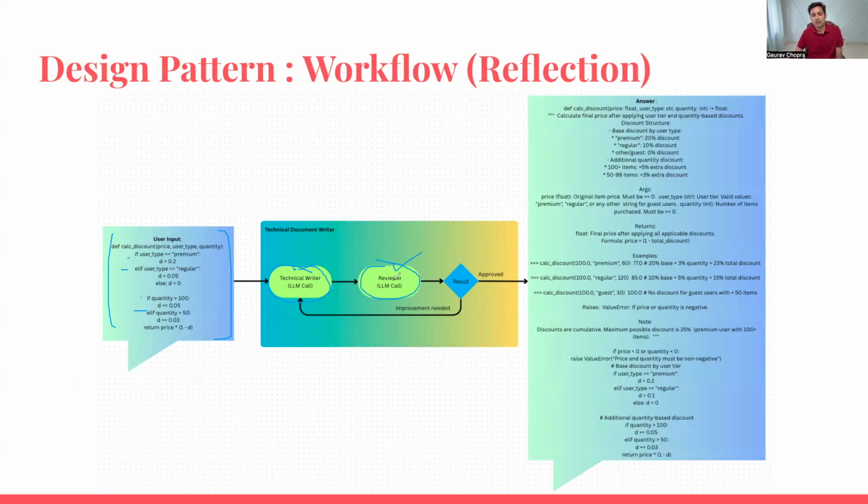Look at that reviewer output, which is the result. If the reviewer submits a report which results in approved, then we get this output, which is actually the documented code. If it says no, it needs further improvement, then go back and start working on it again with the given feedback. It means only those areas need to be addressed.